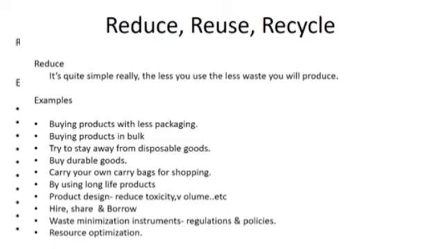Product design: reduce toxicity, volume, etc. Hire, share and borrow. We should think before buying something whether there is a chance to share or borrow and use, and after the use can it be returned. Waste minimization instruments: regulations and policies. Resource optimization, that is if we are buying one item, optimum usage of the item.